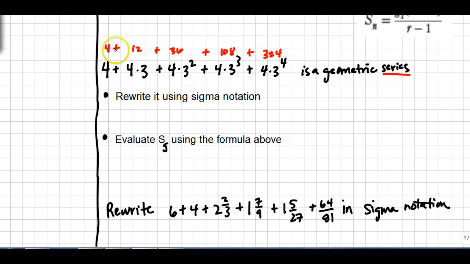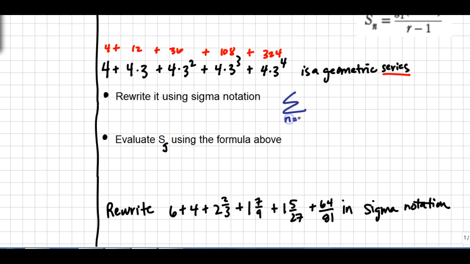So you could literally just type these into your calculator because it's a sequence that stops. This is the last term that we're going to look at, so we could just add those up. The first thing they want us to do, however, is to rewrite it using sigma notation. As soon as you see a sigma showing up, that's your hint that you're dealing with a series, because sigma problems always mean add up the terms.